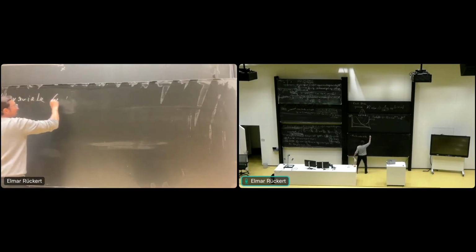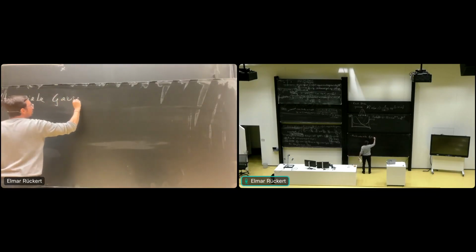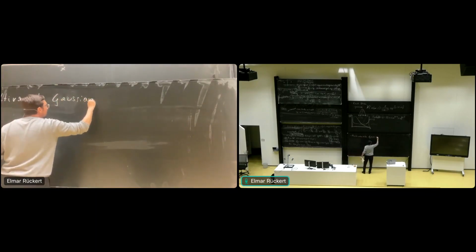Over here. The multivariate Gaussian distribution. In this case, we are using our vector notation again. We have the random variable x given the mean mu and now a full covariance matrix denoted by sigma.